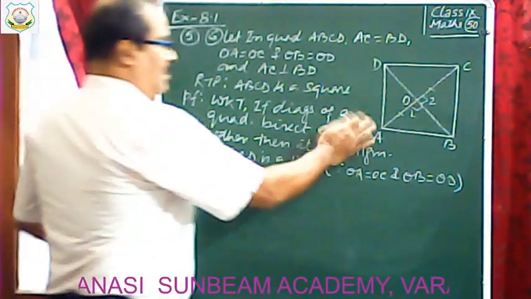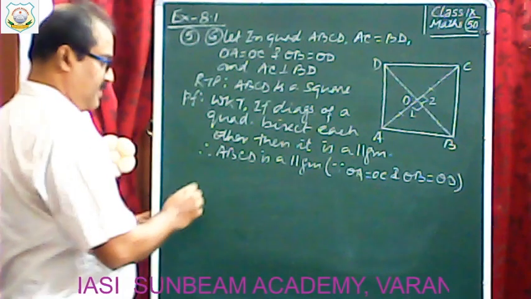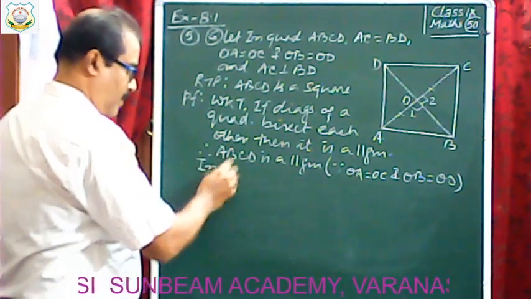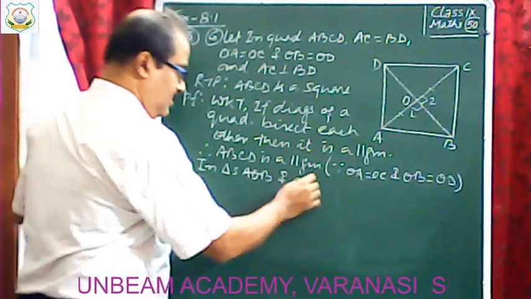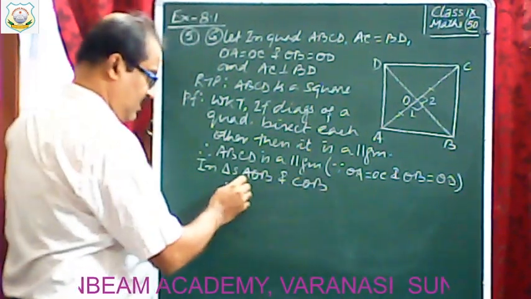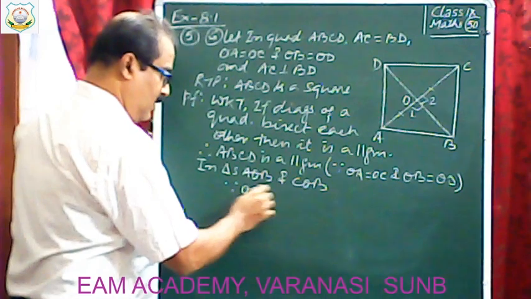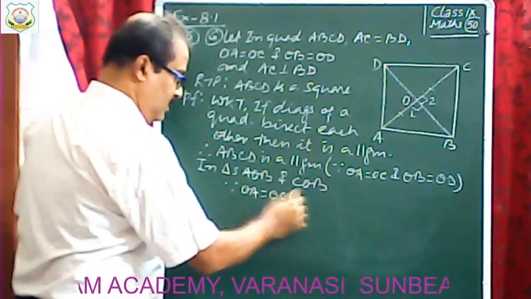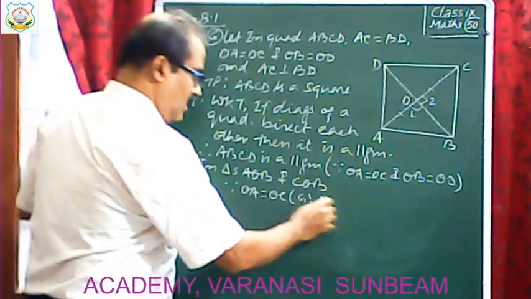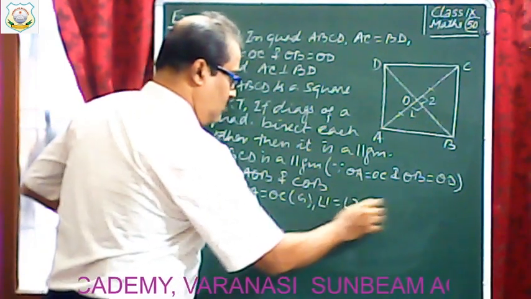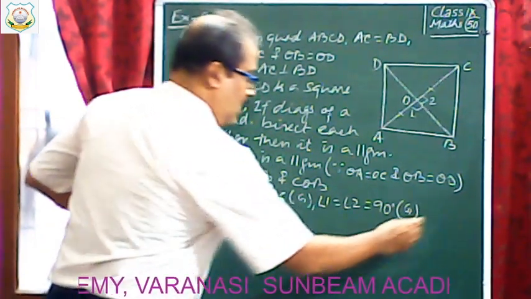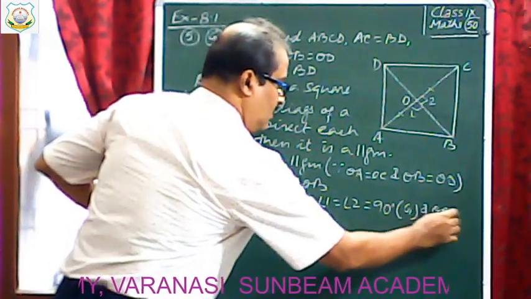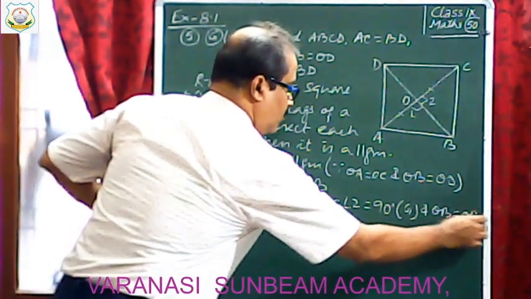CPCT. In triangles AOB and COB, since OA equal to OC, given angle 1 equal to angle 2 equal to 90 degree, it is also given, and OB equal to OB.